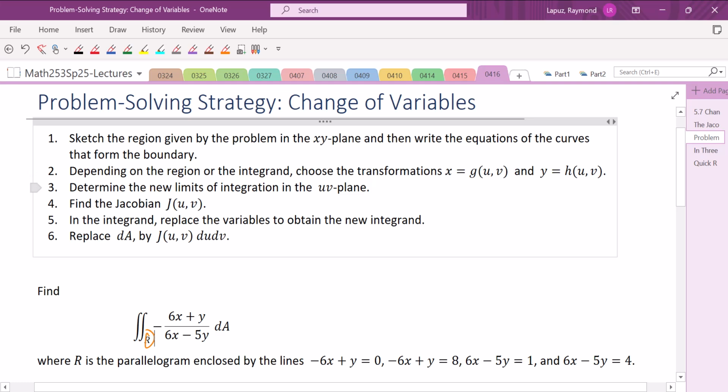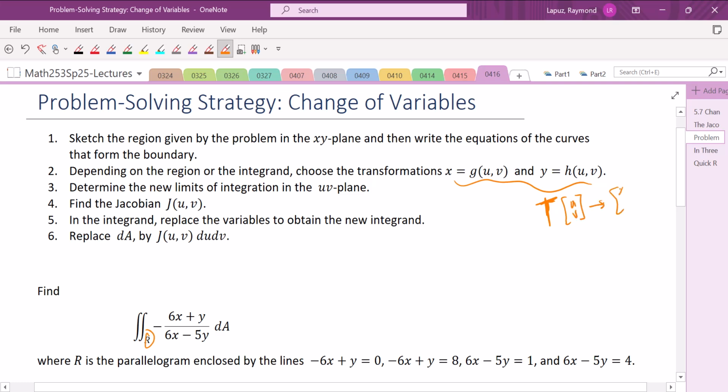Depending on the region and integrand, choose to transform x and y into something with a u and v. So that's the T transformation that you're looking for. This is your T transformation that goes from uv, that's our input, and our output is xy.